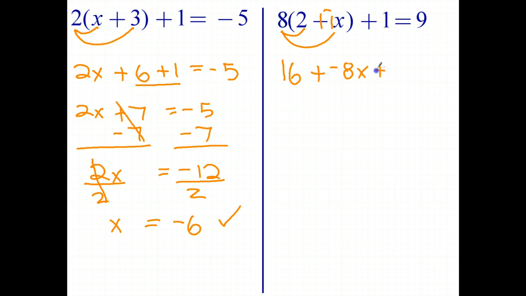Copy down the plus 1 equals 9. Now we need to add some like terms. So I've got 16 plus 1. Well, that's going to add to 17 plus negative 8x.